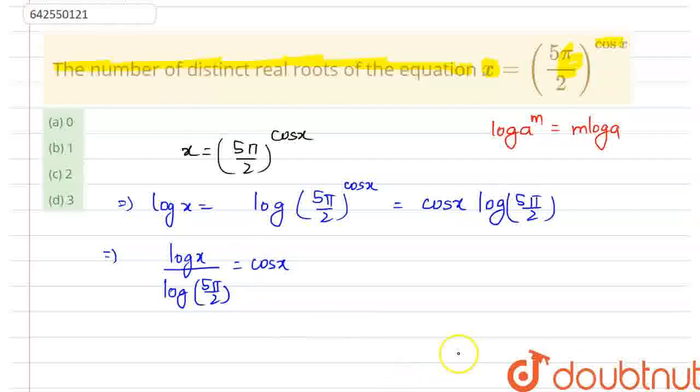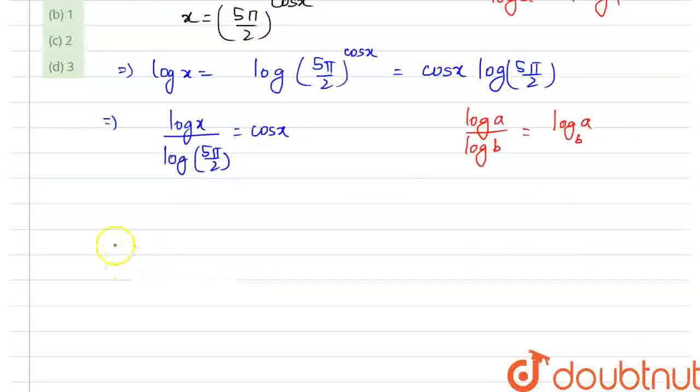Now we also know that the value of log a by log b is equal to log a to the base b. So here also we can write that the value of our cos x will be equal to log x to the base 5π/2.